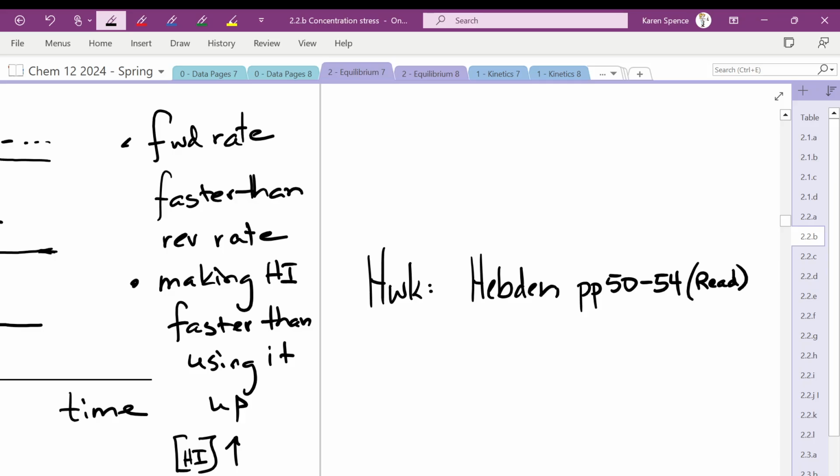And you're going to do exercises 17 through 20 on page 54. Give them a try anyway. And don't worry, if you're confused by it, if you're like, oh my gosh, that was too much all at once, we're going to be doing more in-depth tomorrow and the next day, okay?